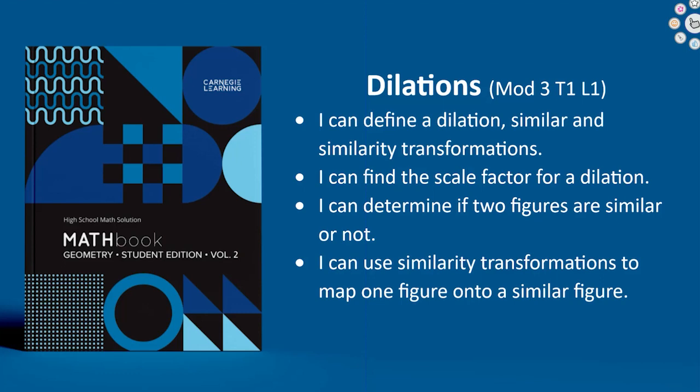We defined similarity transformations as rigid motions and dilations, and we talked about how similarity transformations give you similar figures. We talked about scale factor being the image over the pre-image. We talked about how to determine if two figures are similar or not, and also how to use similarity transformations to map one figure onto a similar figure.